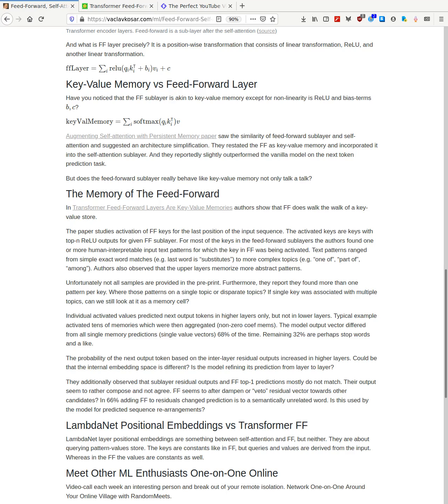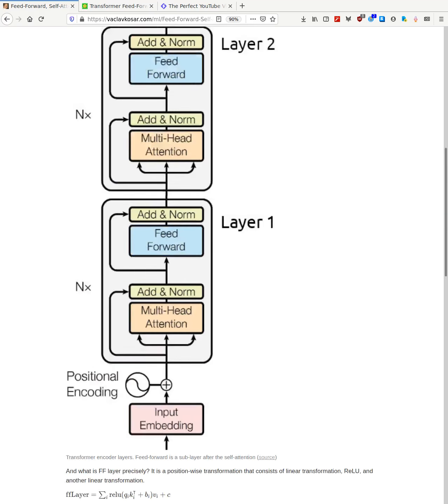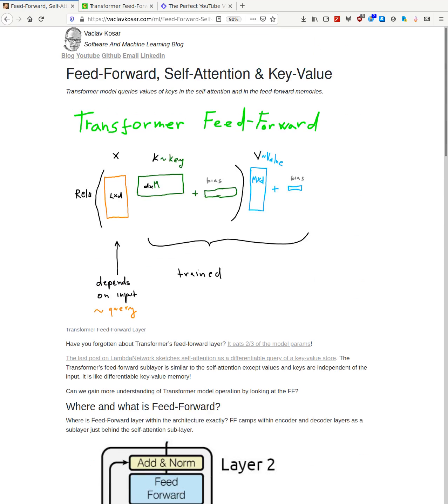Also, this is very similar to the attention, right? Except in the attention, the keys and values depend on the input, and they have dimension L. If we look at the first picture in this post, we can see the dimensions here. We have a query that depends on the input. To that, we apply keys that have dimension M instead of L. We add a bias term, and then to the result of ReLU, we apply values and add a bias term.